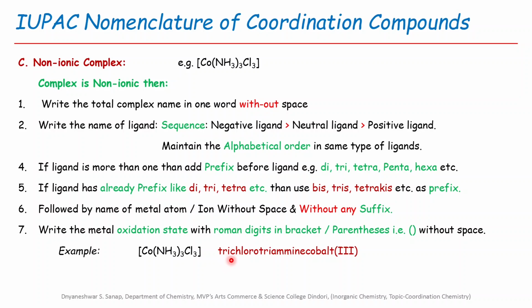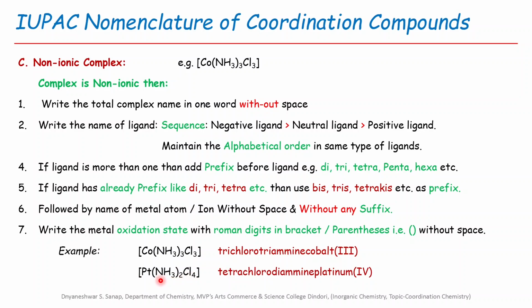Here we have to write the whole nomenclature of a non-ionic complex in one word only. Do not write the name in 2 or more words for non-ionic complexes as in cationic or anionic complexes. The second example is Pt(NH3)2Cl4.